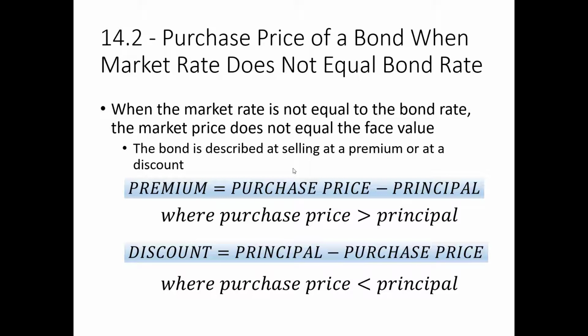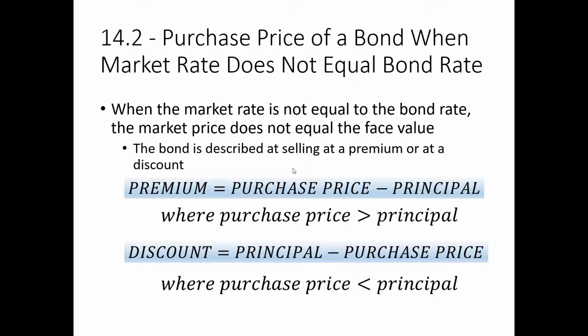Now, a couple of things to keep in mind with this terminology is we say a bond is trading at a premium when that purchase price, which we have to calculate, is larger than the principal value of the loan. And conversely, the discount is where that purchase price is less than the value of the principal or the amount that was originally owed or borrowed or lent.